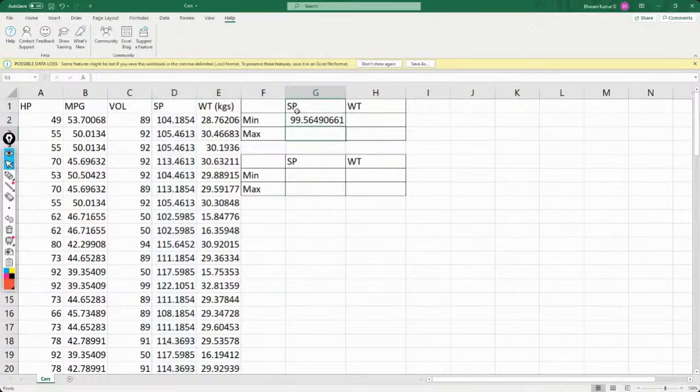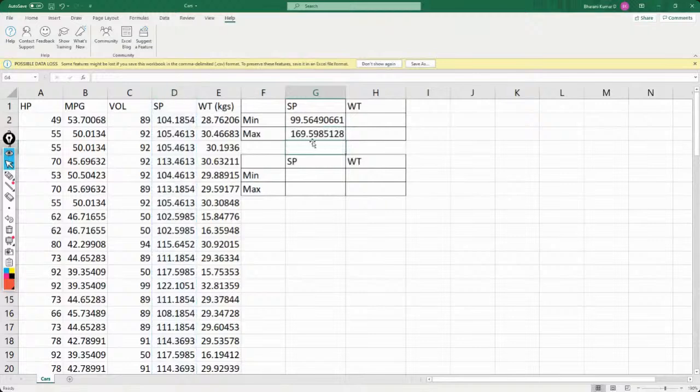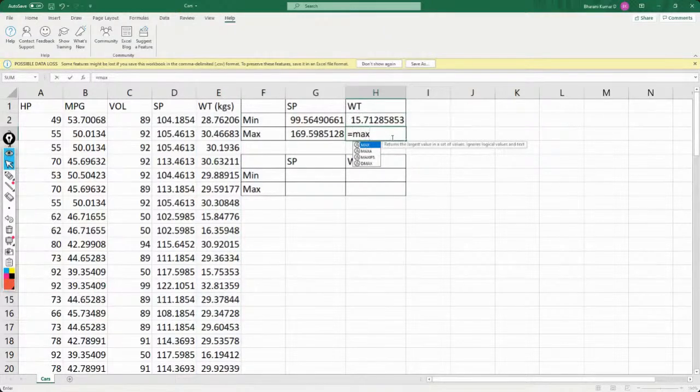Minimum value of top speed is 99.56, and maximum value of top speed happens to be 169.59. Then the minimum value of weight is 15 point something, and maximum value of weight happens to be 52.